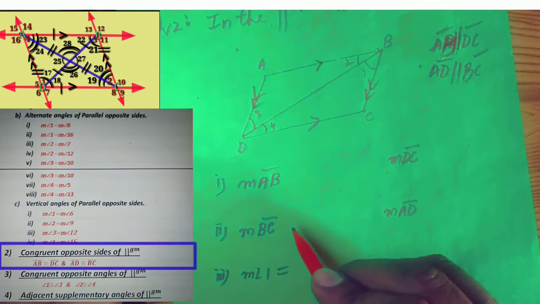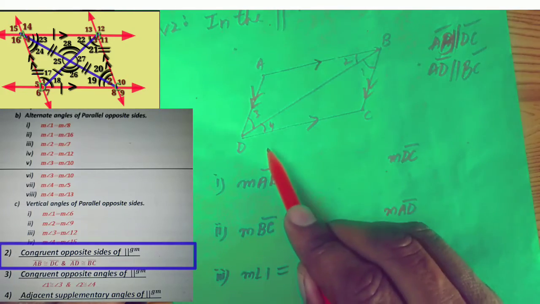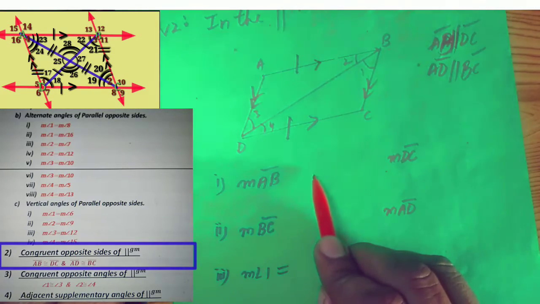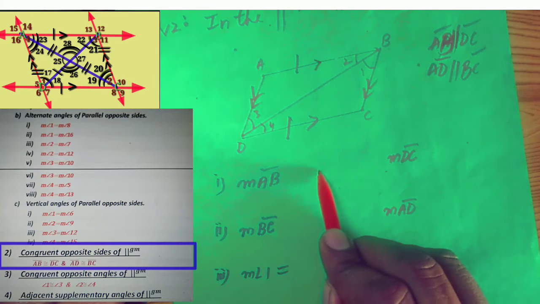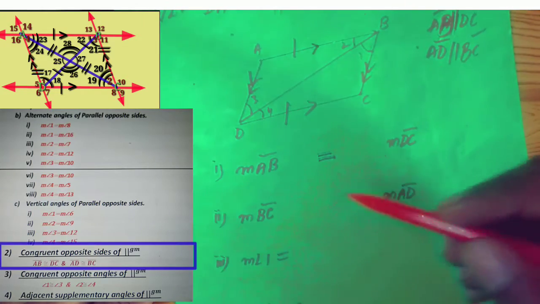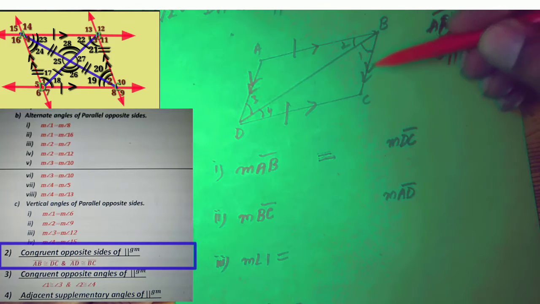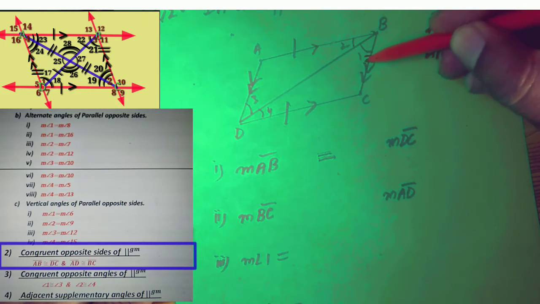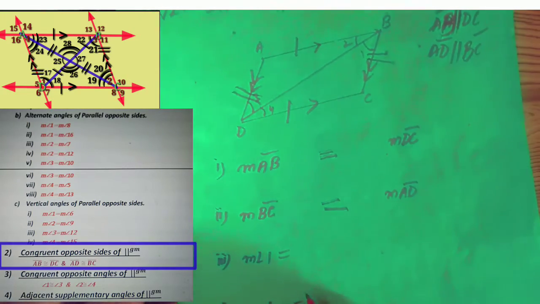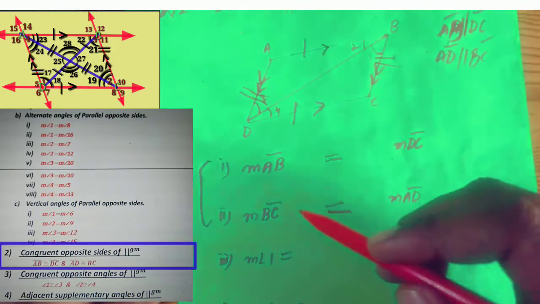In its properties, the two sides AB and side DC are congruent with each other, after that side AD and side BC are also congruent, which is a property of a parallelogram.